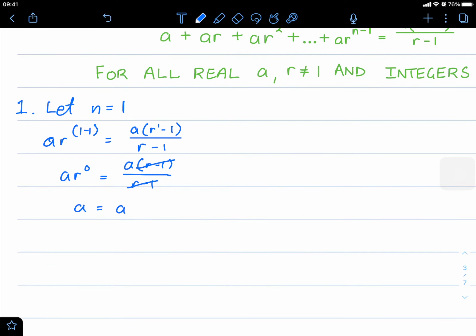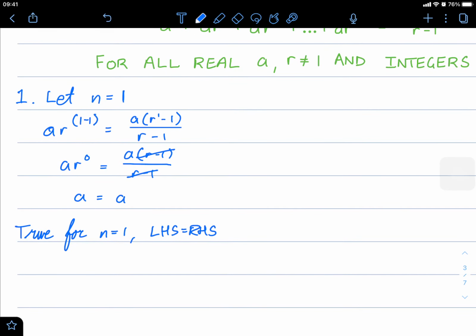So you can say that it's true for n equals 1, left hand side is equal to right hand side. So it's true for the first number.